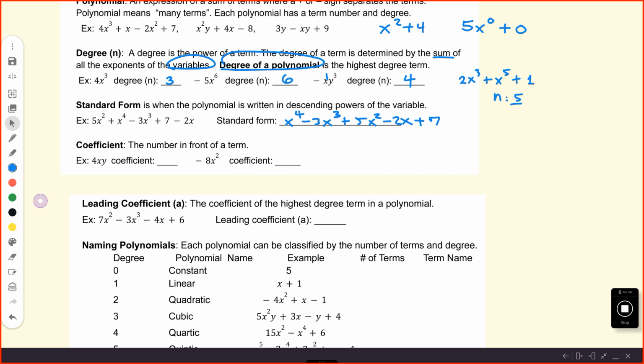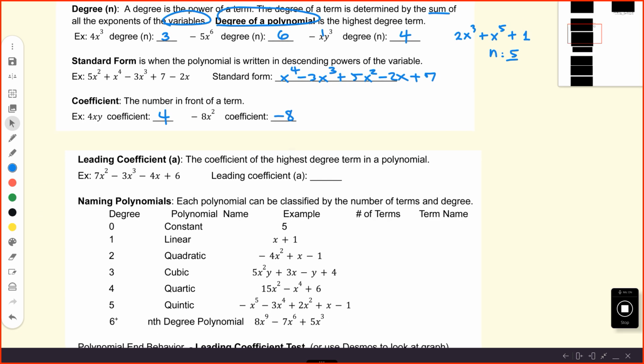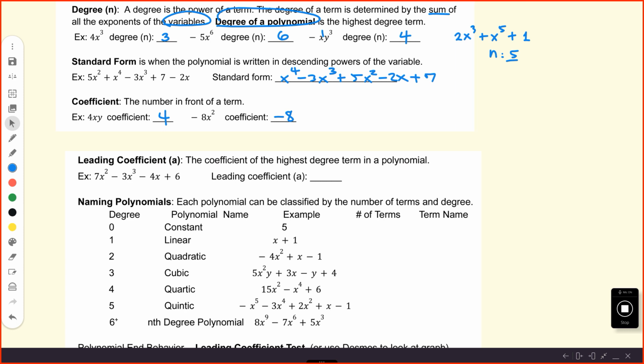And then coefficient is the number in front of a term. Simple, right? If you have 4xy, what is the coefficient? 4. If you have negative 8x squared, what is the coefficient? Negative 8. Now, we also have what we call the leading coefficient, which we denote as a. Again, degree is denoted as n and leading coefficient is denoted as a.